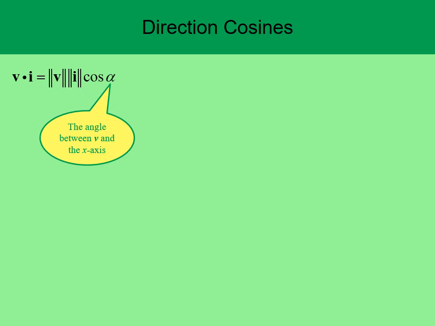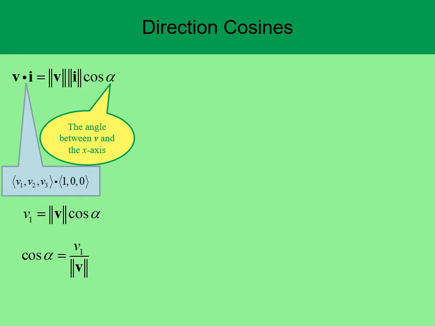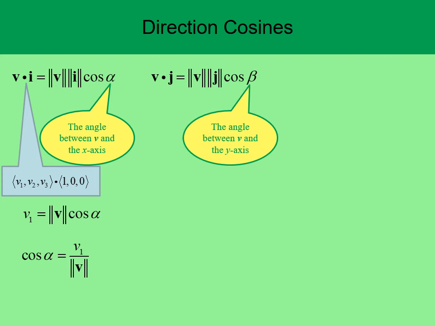So let's do a little algebra here. If we do the dot product and then divide both sides by the magnitude of v, we see that the cosine of alpha is v1 divided by the magnitude of v. Now we'll save that and do the same thing here with vector v and the vector j, which is the vector 1 unit long that's pointing along the y-axis.